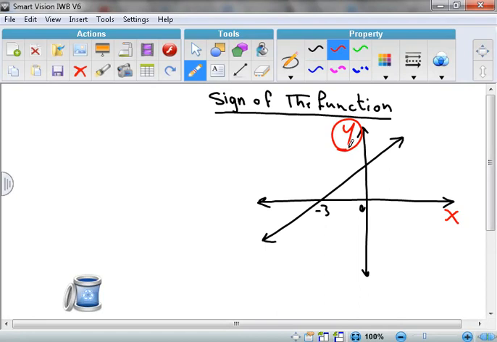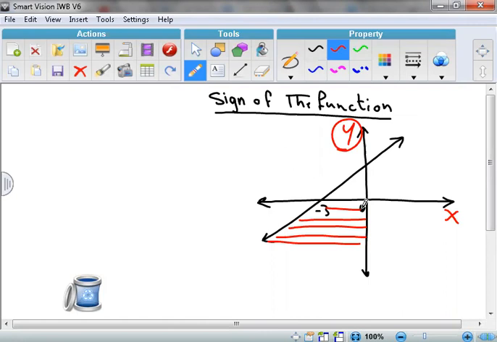The graph of the function, like you see, this bar is negative because it is opposite the negative y-axis.